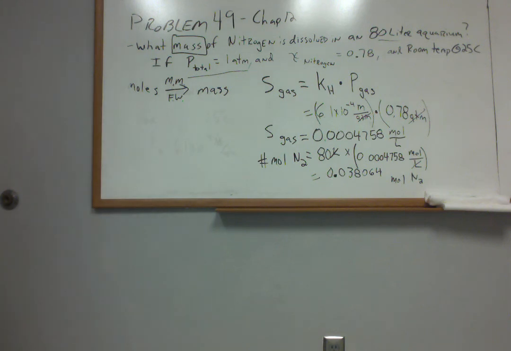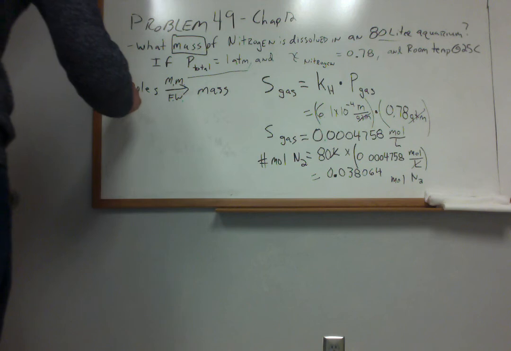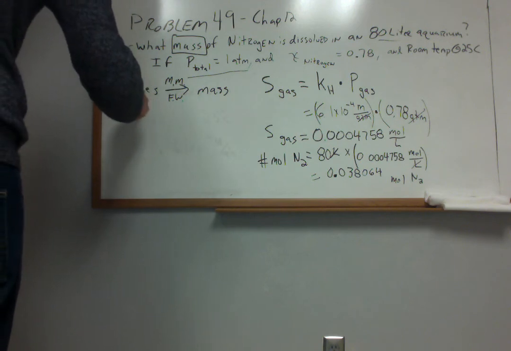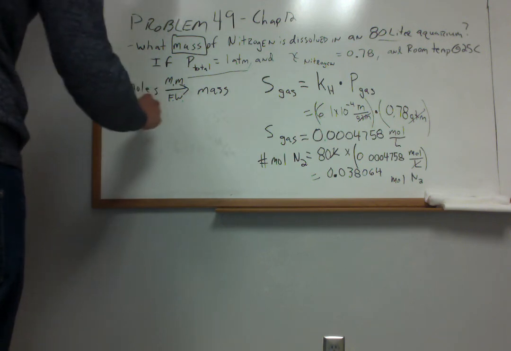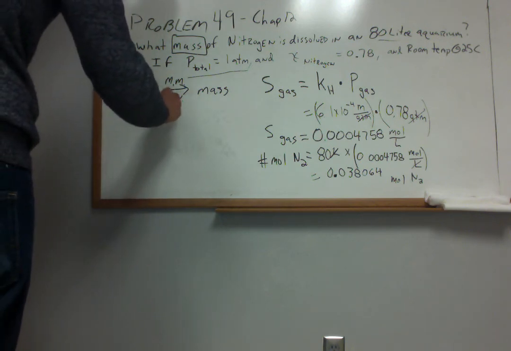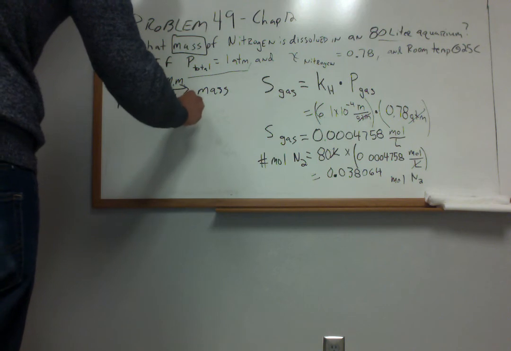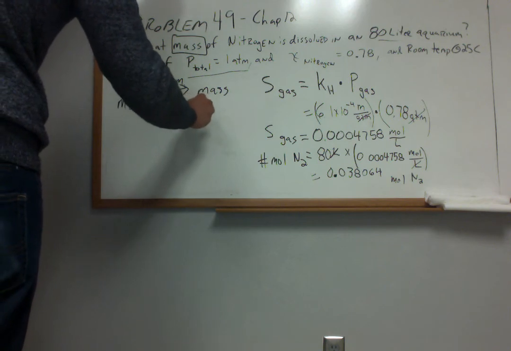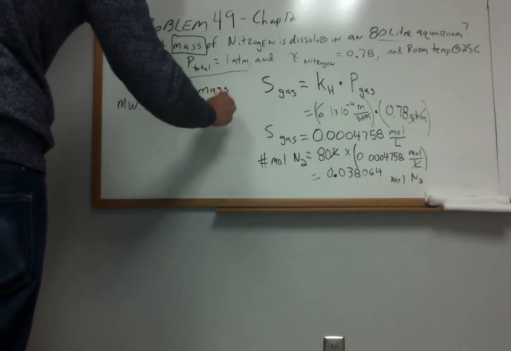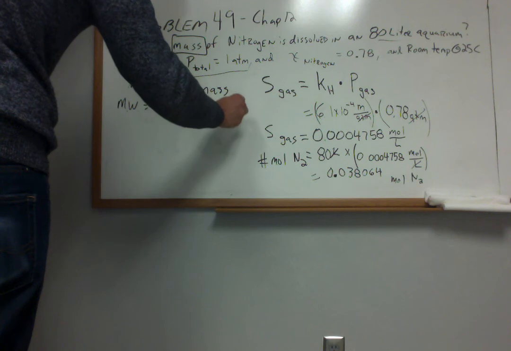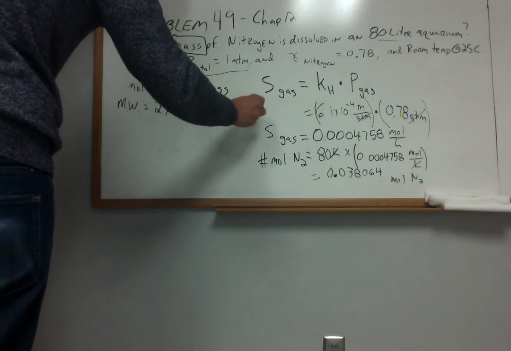Now here we're dealing with nitrogen, N2, it's the diatomic nitrogen. That's got a molecular weight of 2 times 14.01, which is the number that you get from the periodic table, which is of course equal to 28.02 gram per mole.